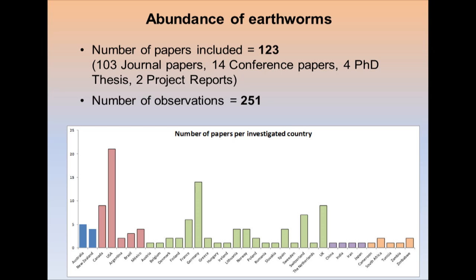So in that instance, we ended up with 251 data rows, which was nice. And you can see it was a reasonable international spread with, if you can see this here, New Zealand, Australia, North and South America, Europe in the middle, and a small number of Asian and also African studies.